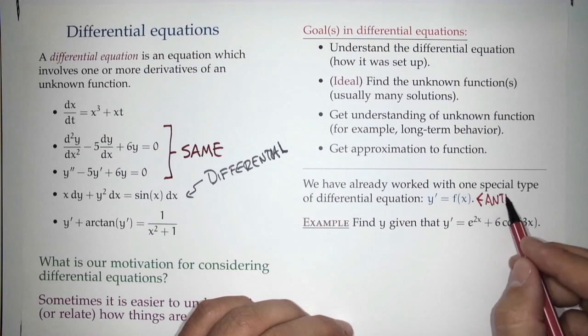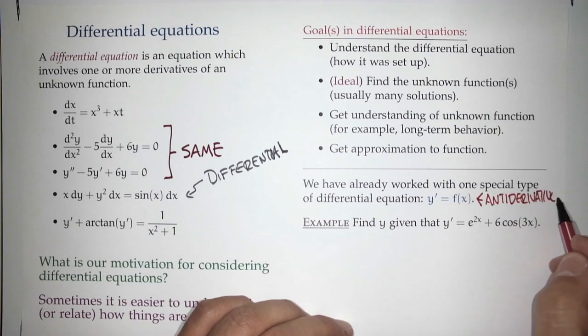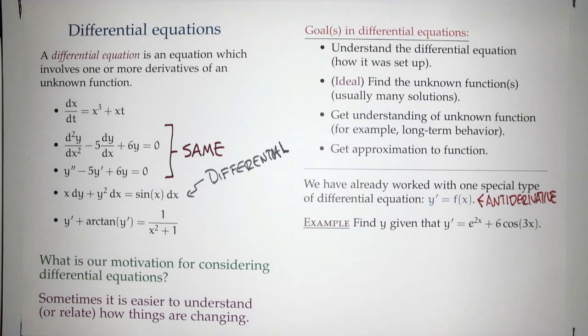Yeah, antiderivative or integrate, if you like a smaller word. So we can solve those. So let's just solve one. So find y. So here we are. We have this differential equation. y prime is e to the 2x plus 6 cosine 3x. Find y.